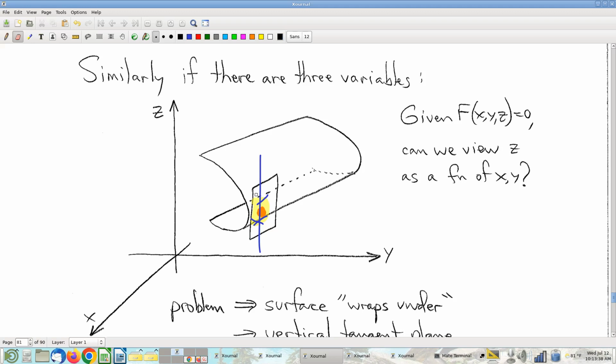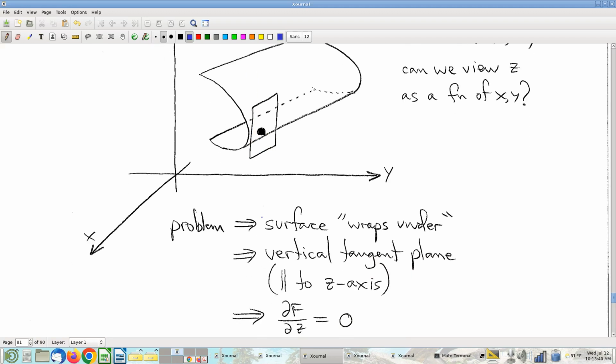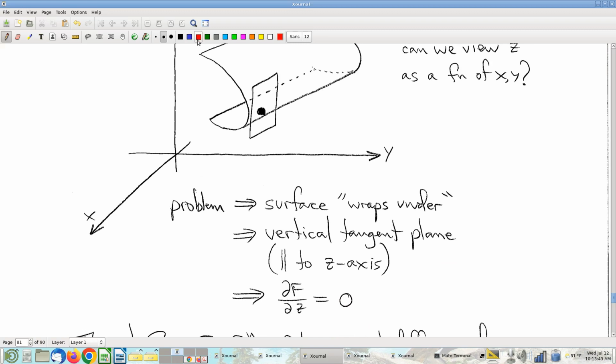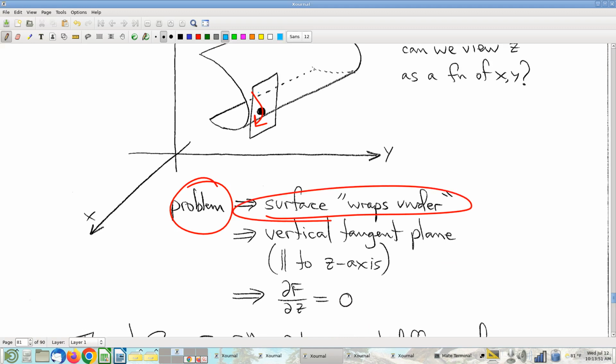So again, how do we identify this? Well, if you have a problem, that problem looks like this, that the surface is wrapping under itself, which means that you have a vertical tangent plane.